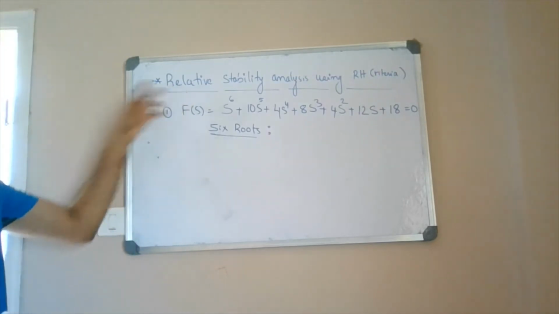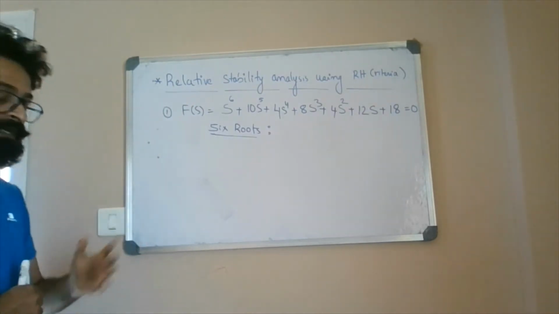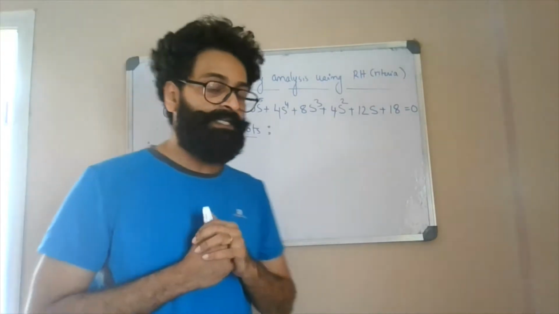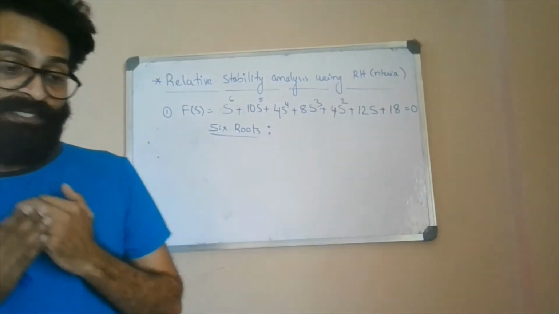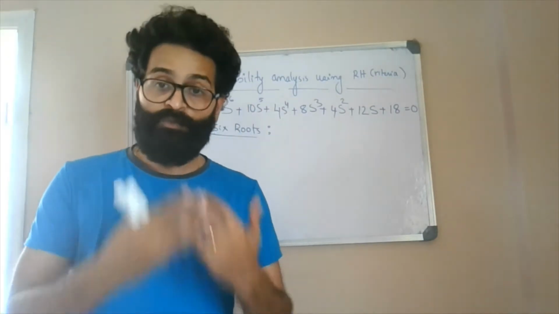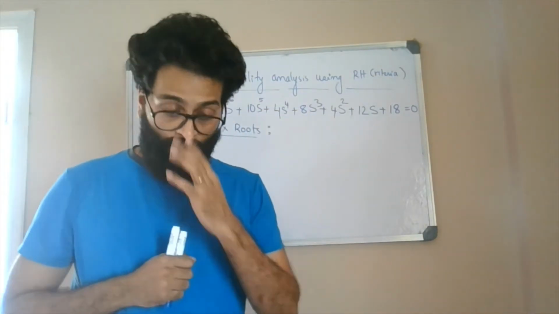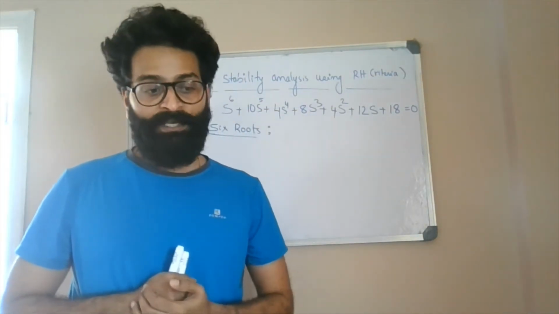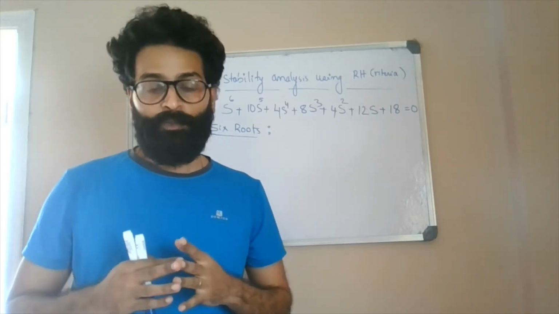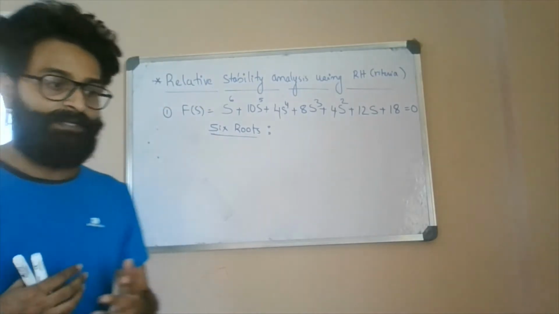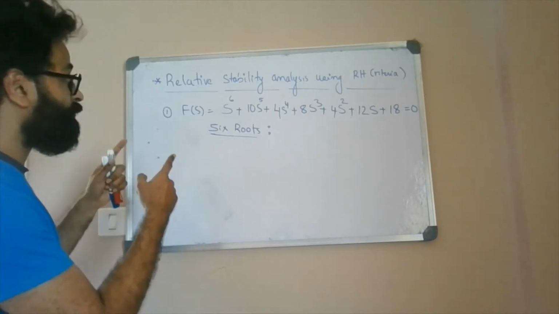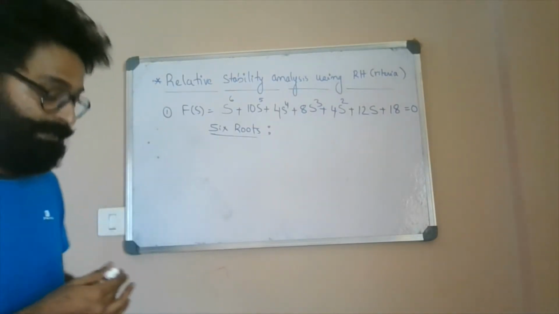That information you cannot get from the RH criteria, right? So that's the reason it is pretty difficult to understand how many dominant roots are present in this particular characteristic equation. A way to understand the dominant root nature of a given characteristic equation is from the relative stability analysis.